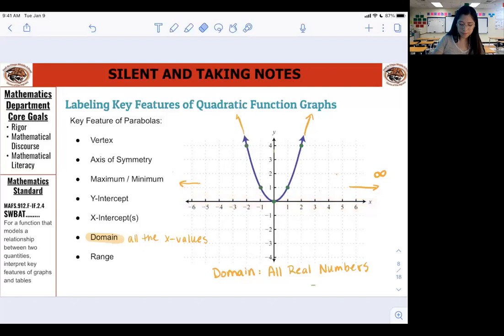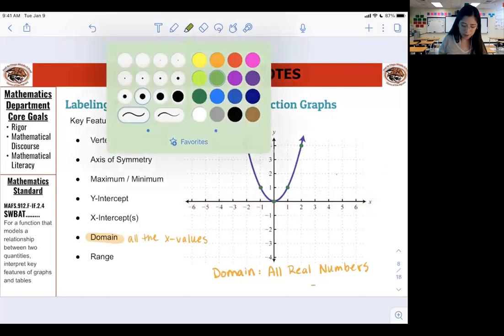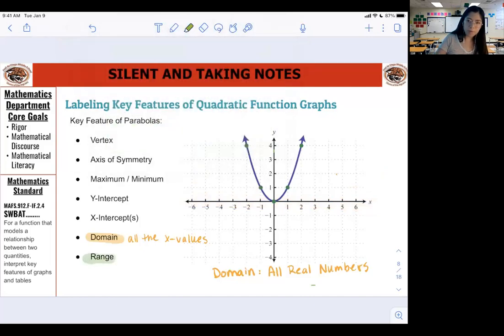So kind of crazy. That's domain. Let's talk about range. Domain is all the x values, range is all the y values. So now I'm not looking at the x-axis, I'm going to take a look at the y-axis. Let's think about it.